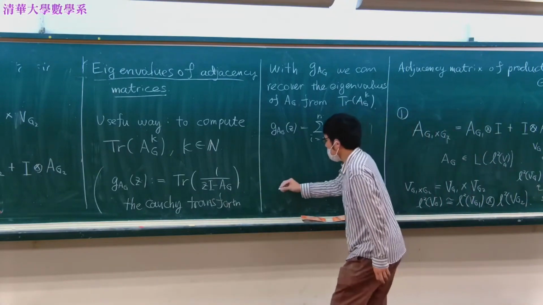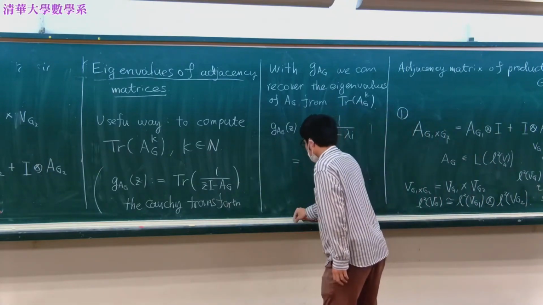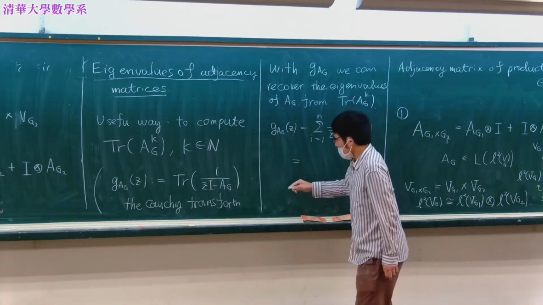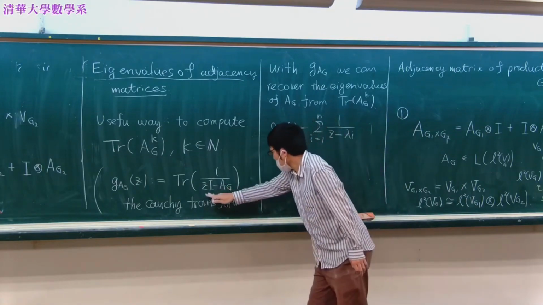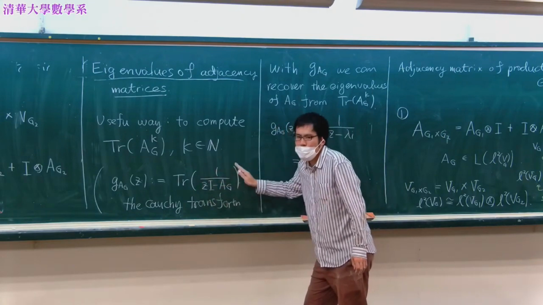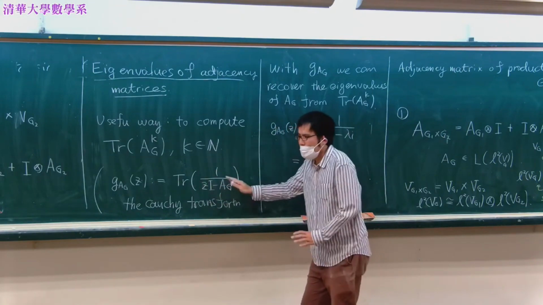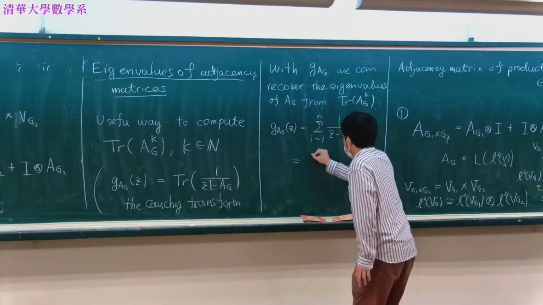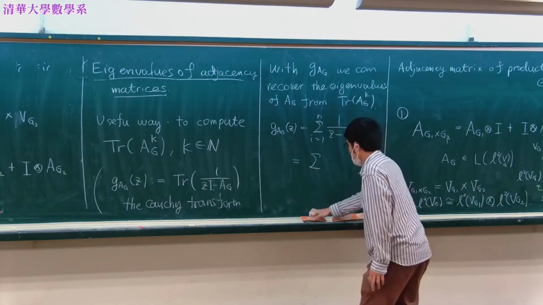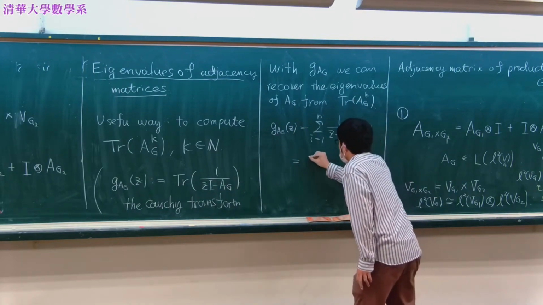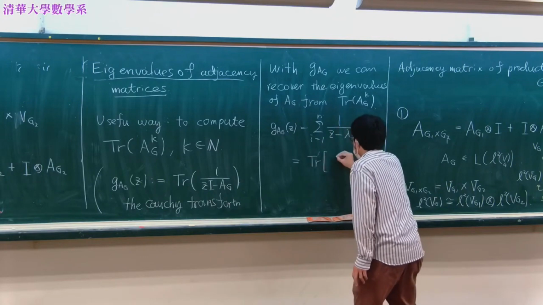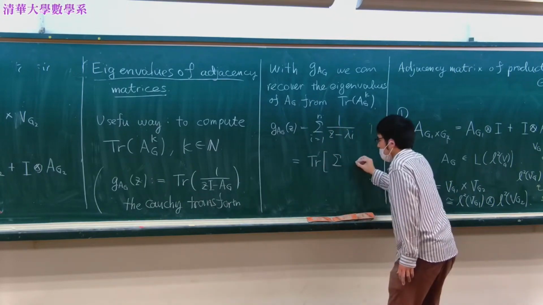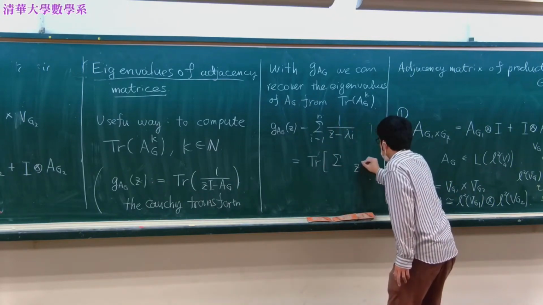On the other hand, if we expand this resolvent into a series, a Laurent series, we get the trace of an infinite sum of A_G to the k over z to the k plus 1, where k is from 0 to infinity.